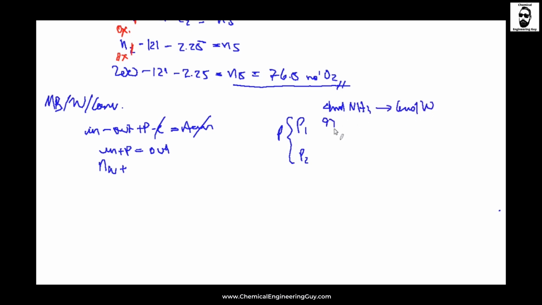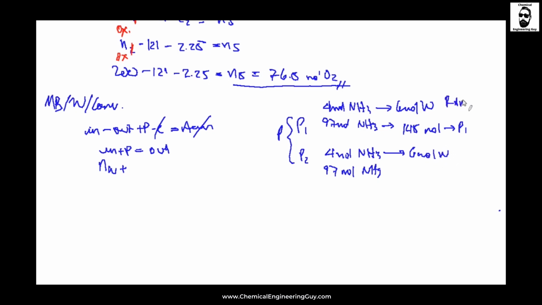So 97 moles that go in the first reaction give me, with the equivalent 6 moles, 145 moles. This is P1. And the same here, guys, because it's the same stoichiometric ratio, will give me the same amount. So this gives me 6 moles of water. This comes from reaction 1. This comes from reaction number 2.